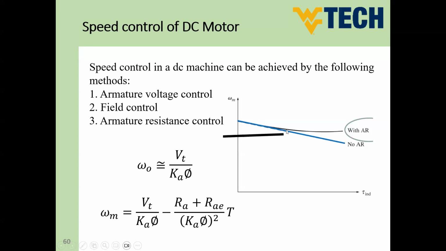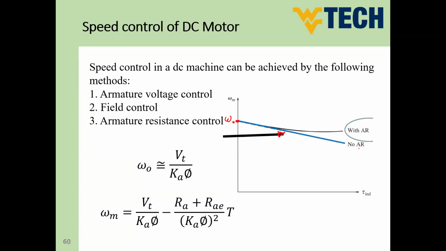So now, guys, this is our motor characteristic. And we agree that this is called the speed at no load, which is V terminal divided by Ka times phi. This is called the machine characteristic.